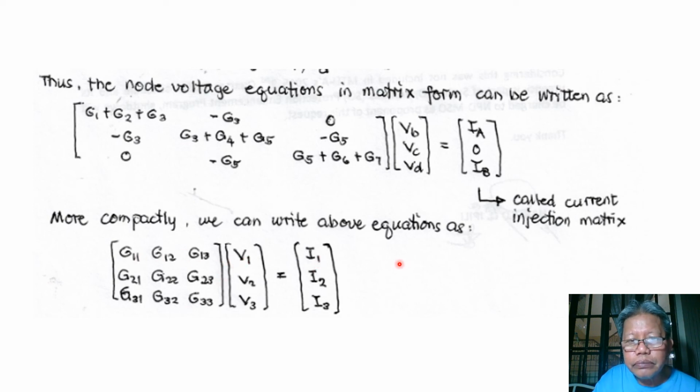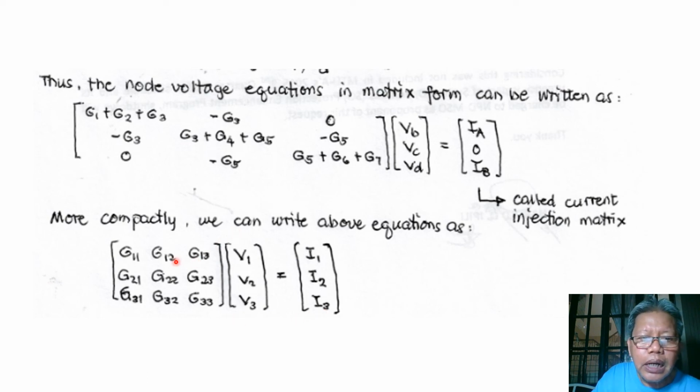In expanded form, we have G11 times V1 plus G12 times V2 plus G13 times V3 equal to I1. Similarly, for the second equation, we have G21 times V1 plus G22 times V2 plus G23 times V3 equal to I2. And lastly, we have G31 times V1, G32 times V2, and G33 times V3 equal to I3.